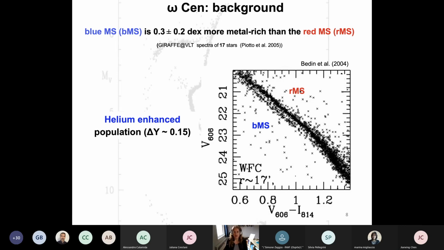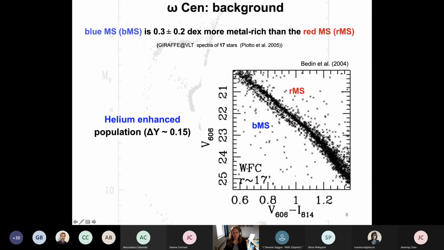And what it means, as I said, is that the redder the star, the more metal-rich it is. So we thought from this photometry that the red stars were more metal-rich than the bluer ones. But from some spectroscopic data collected with VLT, which is an 8-meter class telescope, we saw that actually the blue main sequence stars are slightly more metal-rich than the red main sequence stars.